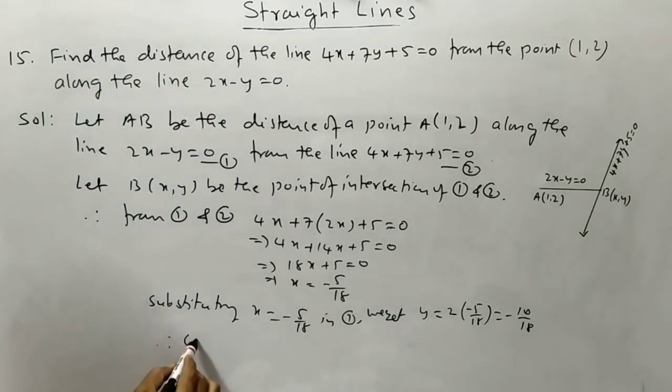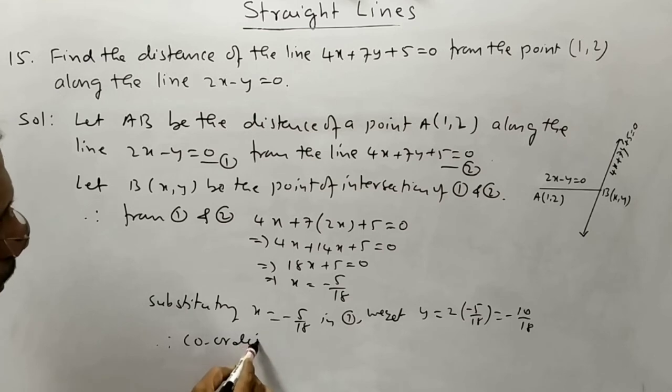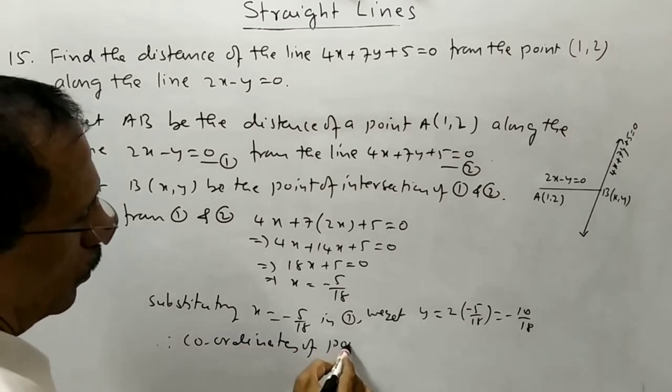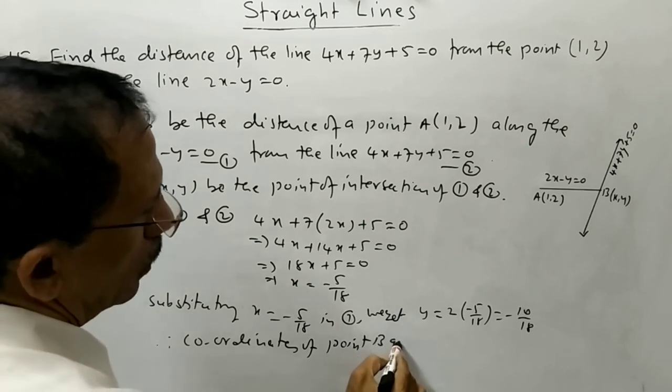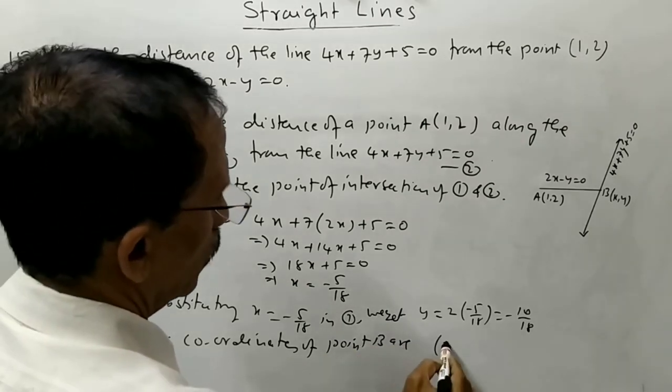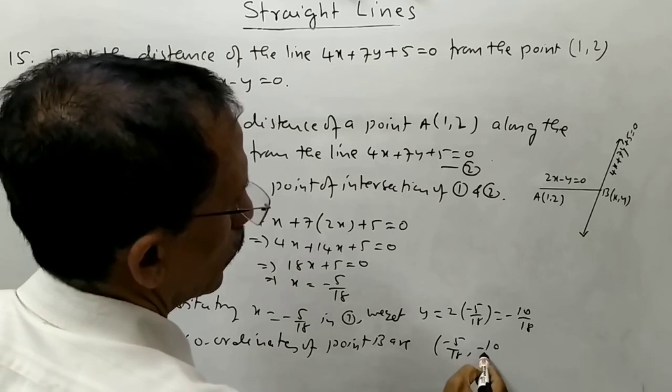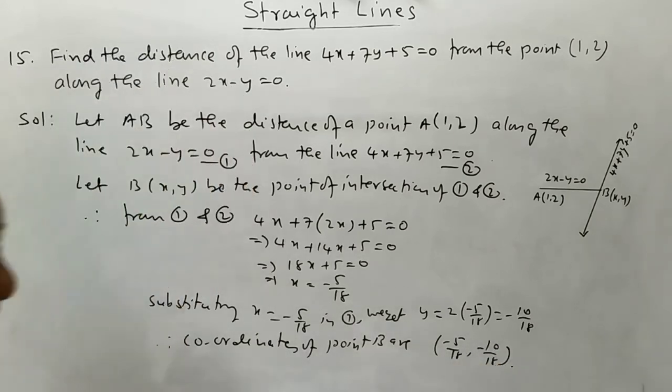Therefore, coordinates of point B are (minus 5 by 18, minus 10 by 18).